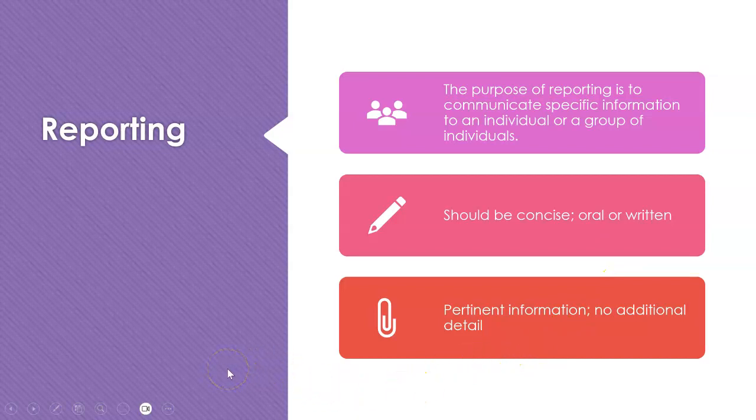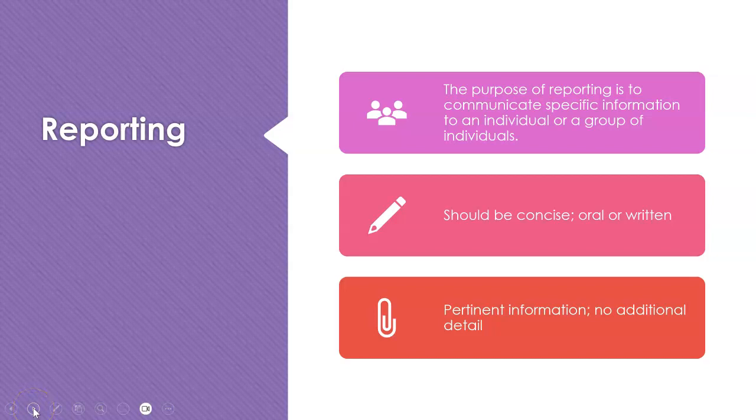Right there, you can see where it says the purpose of reporting is to communicate specific information to an individual or a group of individuals. It should be concise, oral or written, which means that you shouldn't have a long, drawn out thing. You should just give them the basic points, and it should be pertinent information, no additional details out of the realm of what you're talking about.